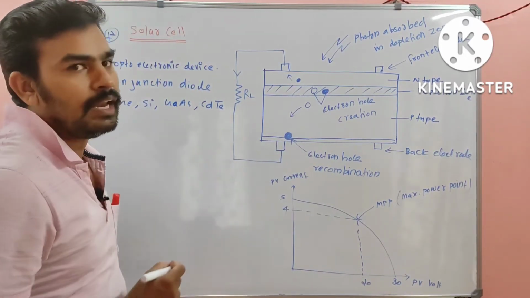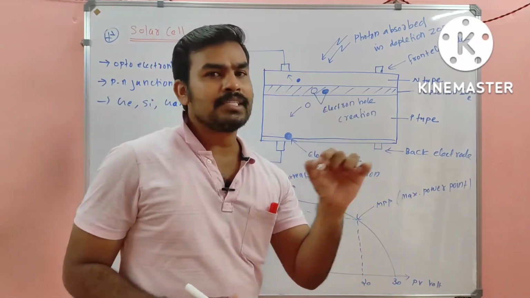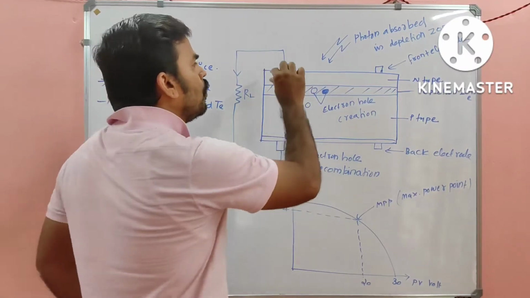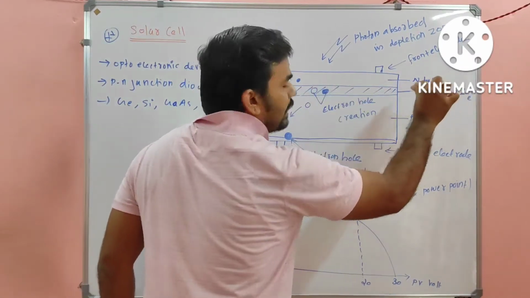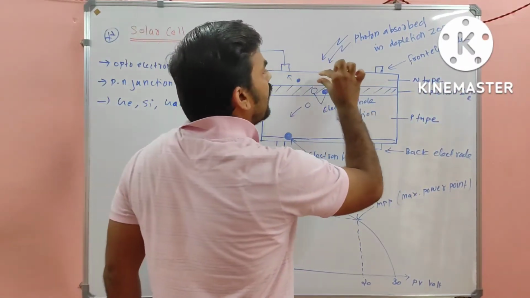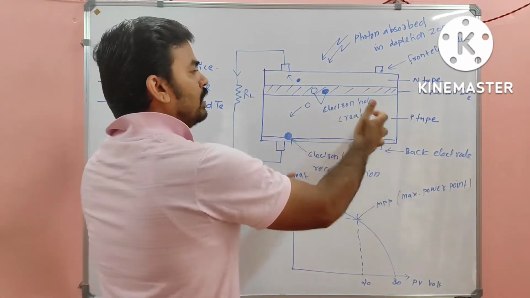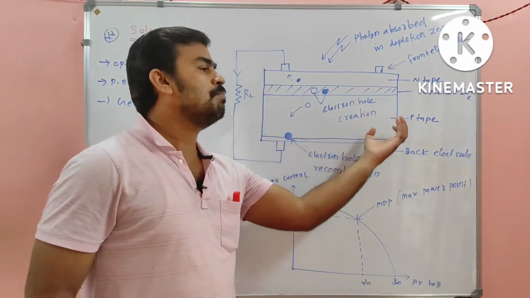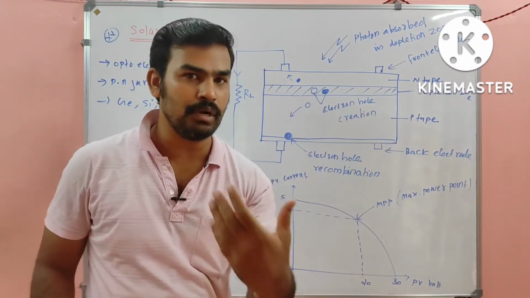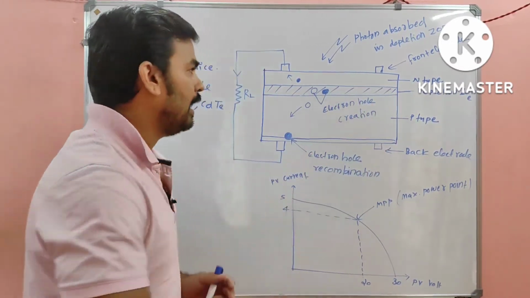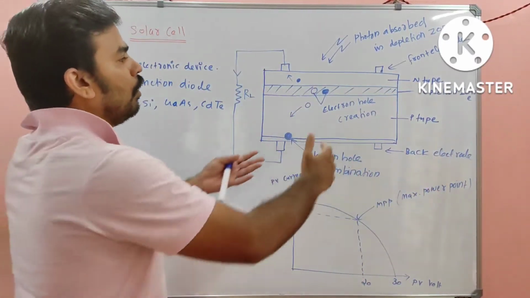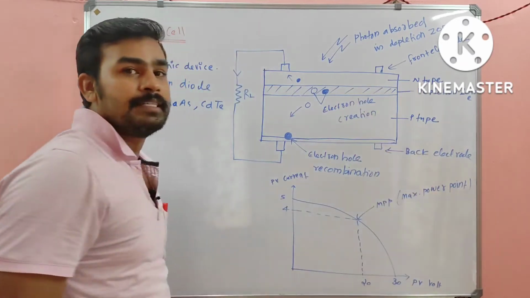But in a solar cell, we allow a thin layer of N type semiconductor to grow on a thick layer of P type semiconductor. That is how we make the basic structure of our solar cell.